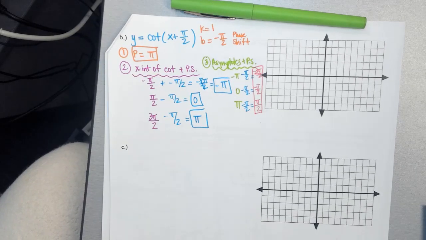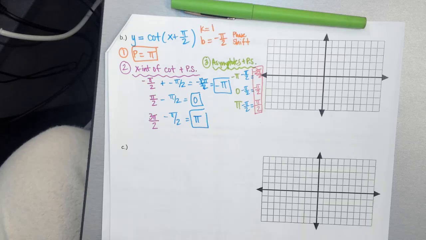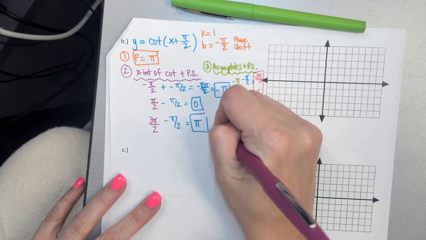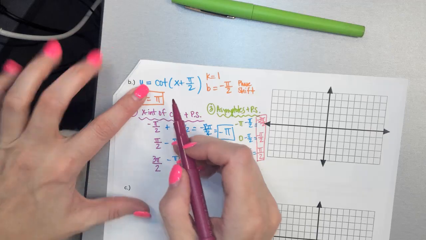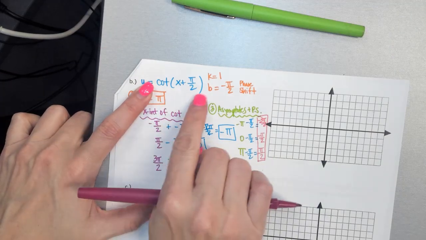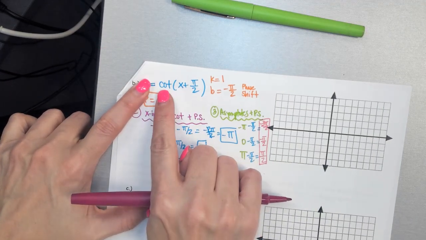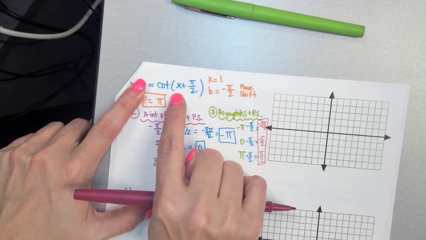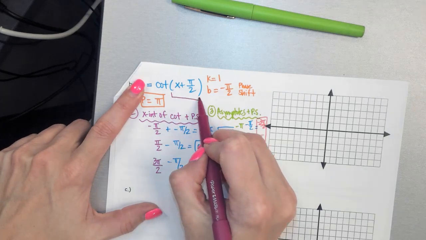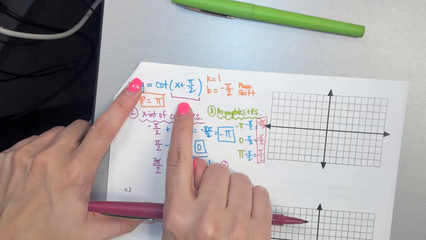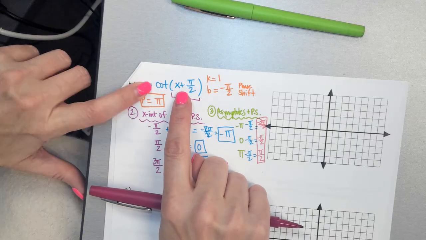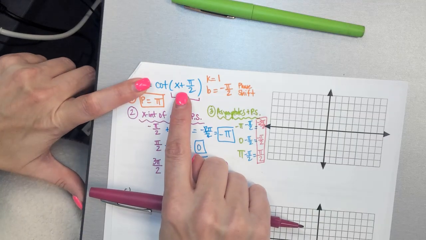Okay, and then the last thing we're going to do is find another point. When you're finding another point, remember that the nice point that we talked about is the cotangent of pi over 4. So we want whatever we have in here to be pi over 4, because if I take the cotangent of pi over 4, what's my output?